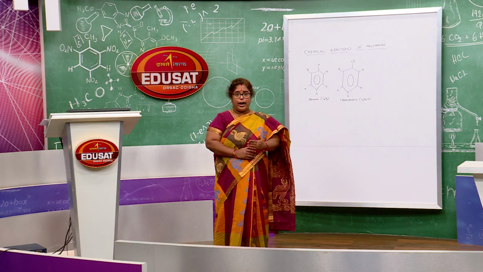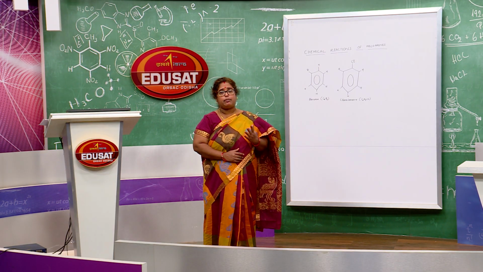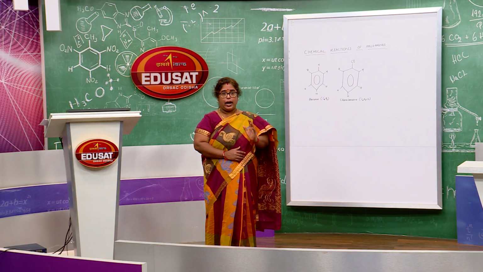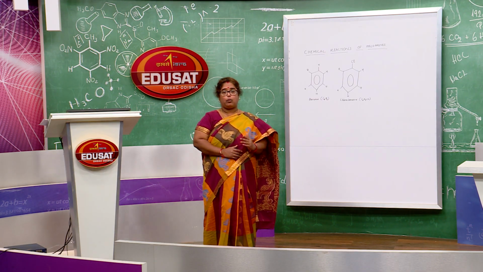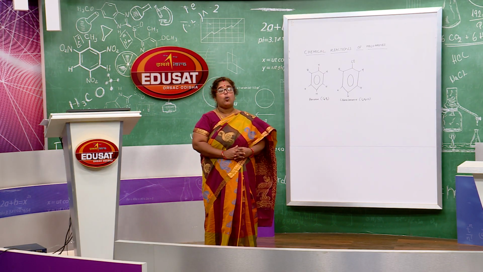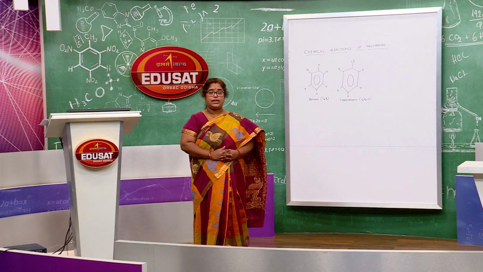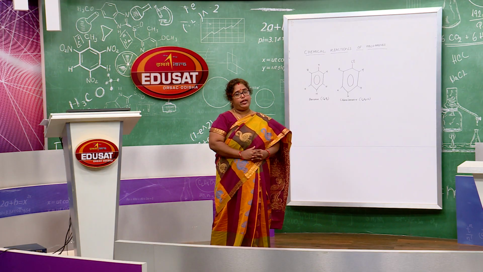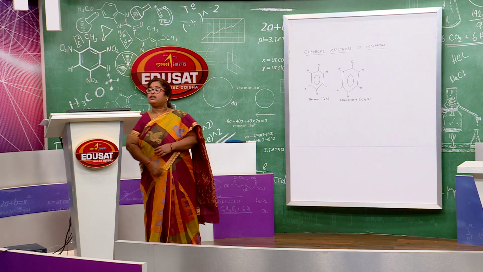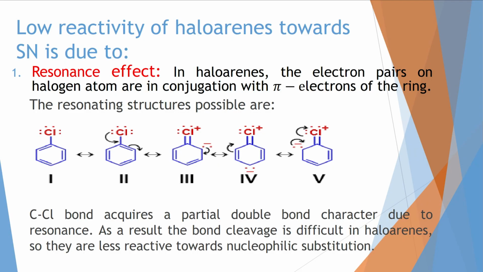But these aromatic compounds, this particular type of compounds which possess the benzene structure, the pi electron cloud, only under drastic conditions they also give substitution reactions called SNAr, which stands for aromatic nucleophilic substitution reaction.